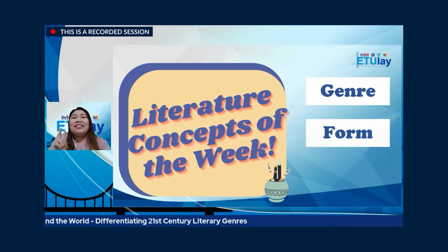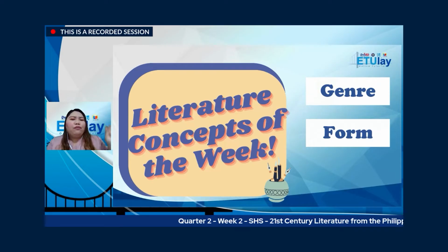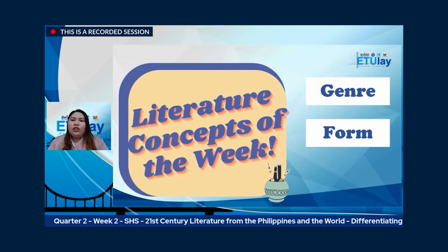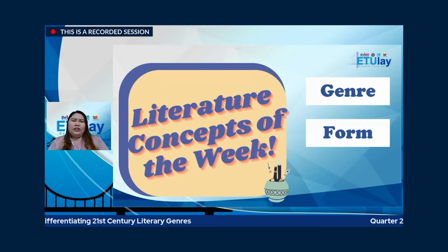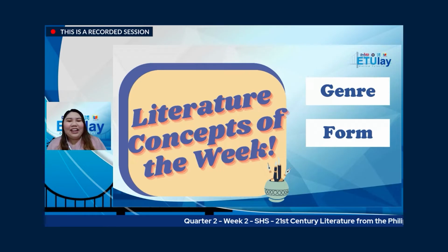Then comes the second one, which is form. Genres make use of various literary forms as foundation from which you stretch out to different directions of expression. When we talk about form, what we have here is a structure, how a text is constructed, how it is organized.